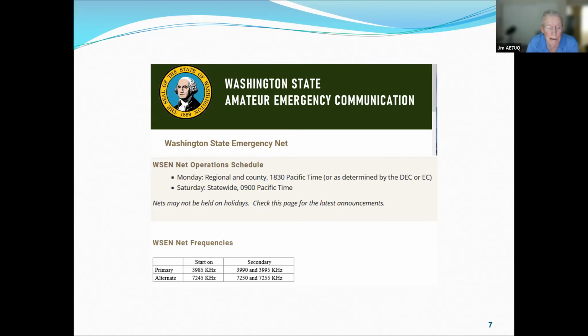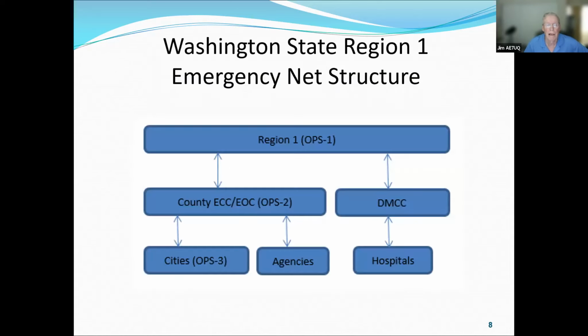And this particular net, again, it's an emergency net. In our particular region, we're in what we call Region 1 in Washington State, which is the 5 most northwest counties in the state. And every Tuesday, we have a 3-level net or series of nets that we run.